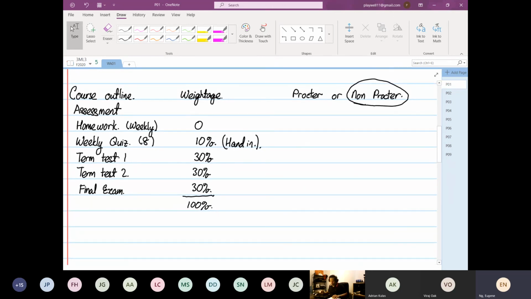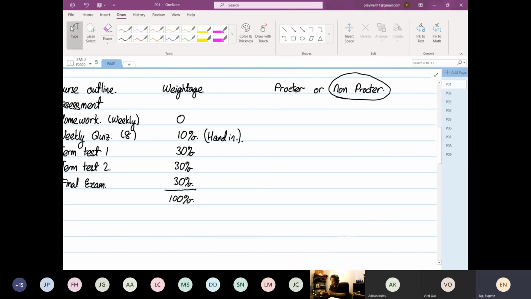Okay, so I'll tell you how the non-proctored exam will work. There's no proctoring. Everyone will have the same questions, but the constants will be different.